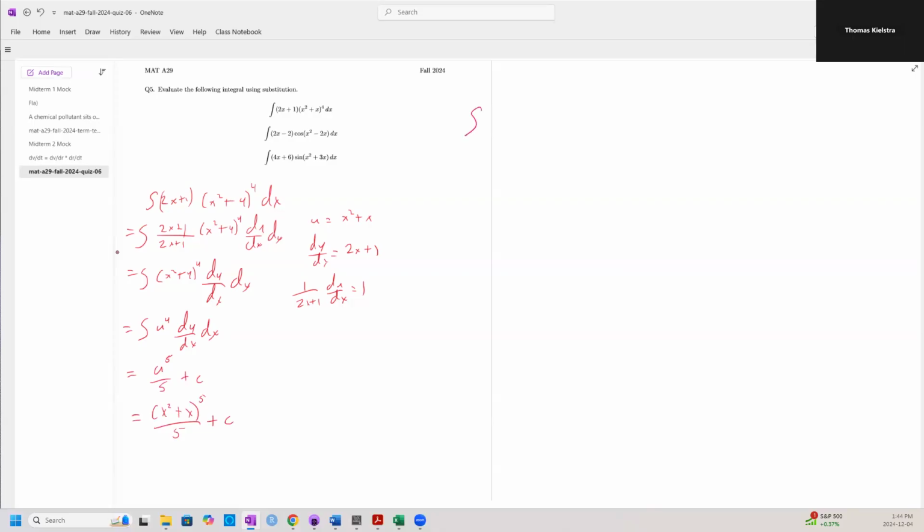Now, if we look at our next integral, (2x minus 2) times cos of (x squared minus 2x) dx. We let u equal x squared minus 2x. Well, du by dx equals 2x minus 2, so 1 over (2x minus 2) du by dx equals 1.